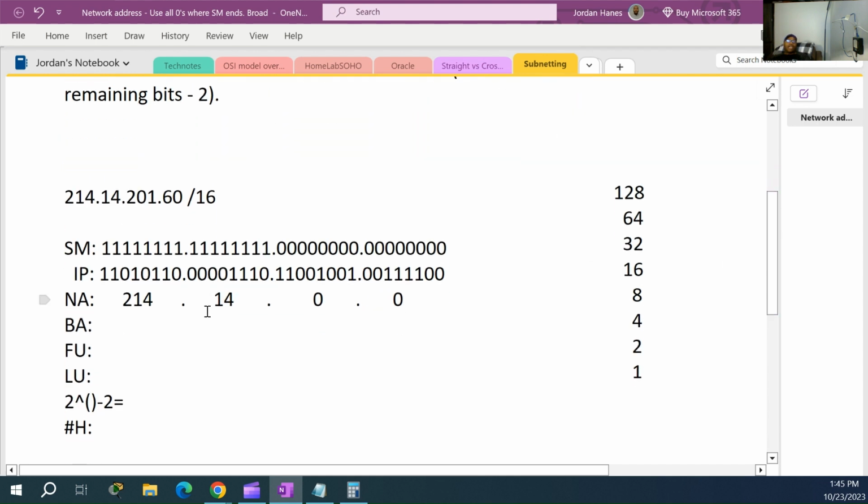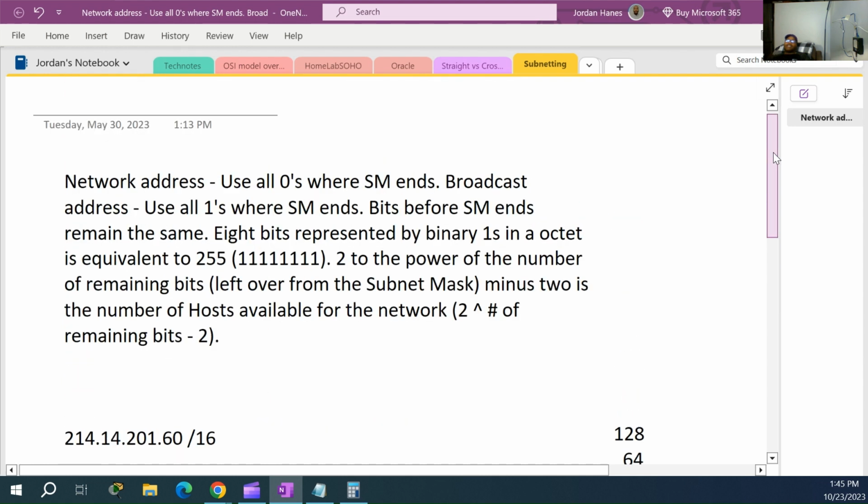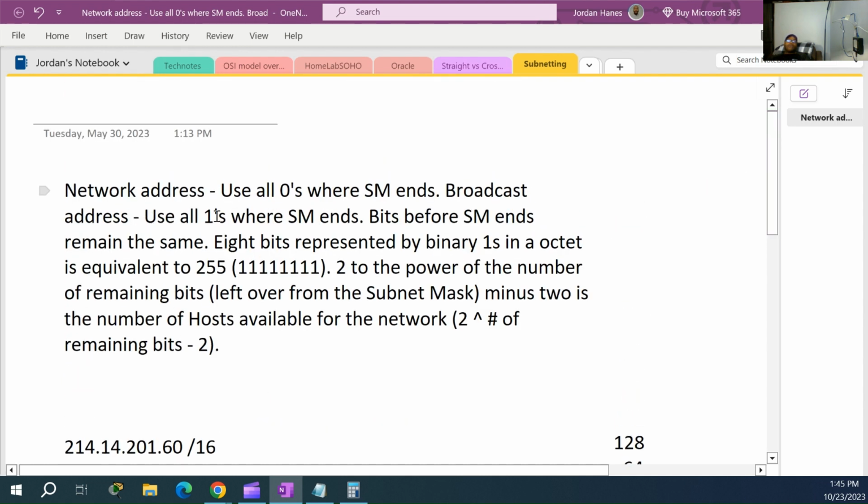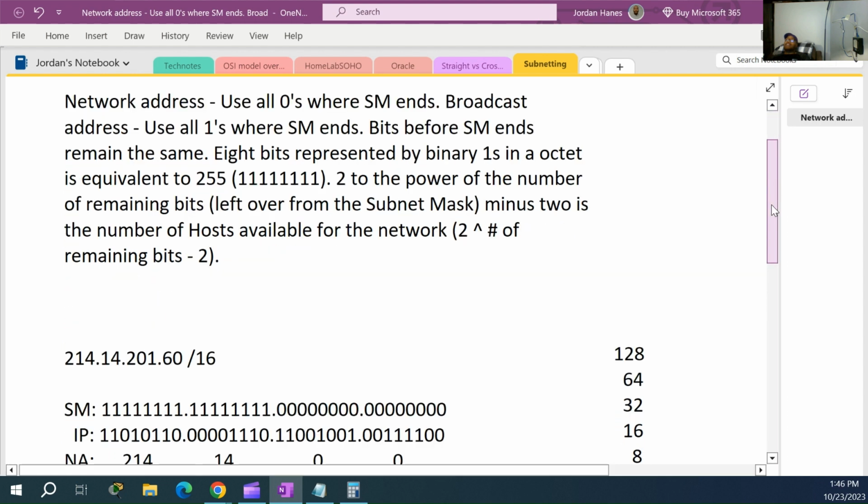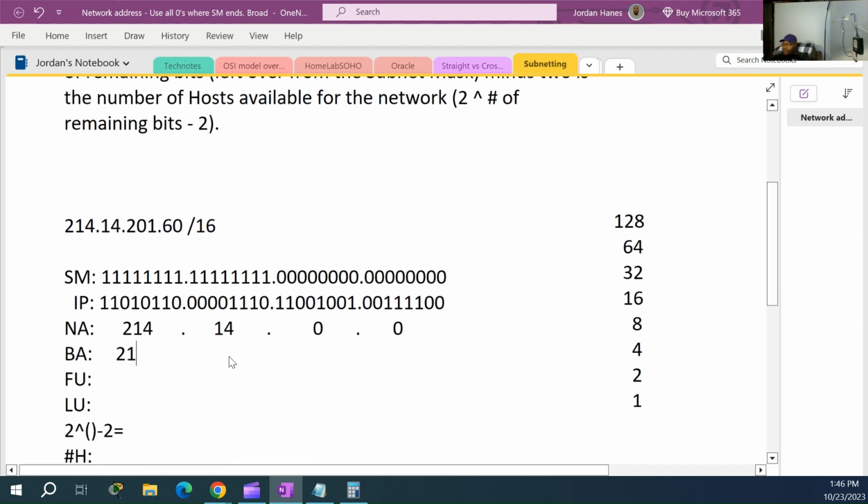So we're going to work on the broadcast address, and the broadcast address is similar, except we're using all ones where the subnet mask ends. And again, bits before the subnet mask ends remain the same. So we're going to put 214, 14. And then again, the broadcast address is going to be represented by all ones.